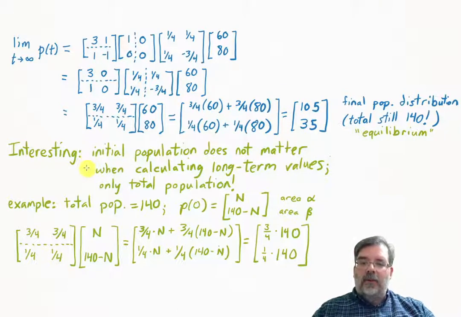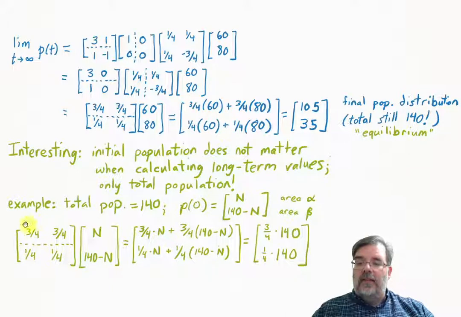So, for example, let's assume that the total population is still 140. And let's look at the most general case. Let's say the population at time 0 in area alpha, let's just call that n. So the remainder of the population, which will be in area beta, that's going to be 140 minus n.